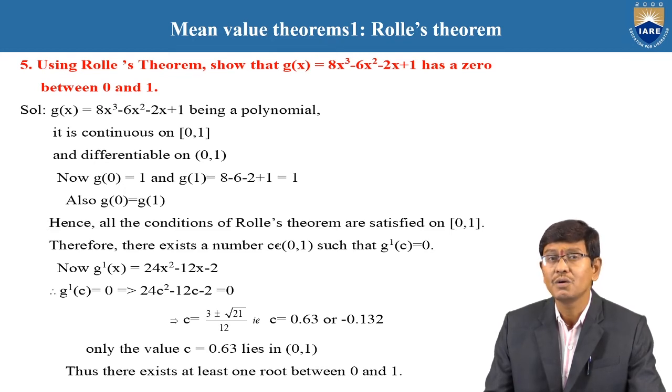Now we need to find g dash of c, replacing x with c. Therefore, g dash of c is equal to 24c square minus 12c minus 2, equal to 0.